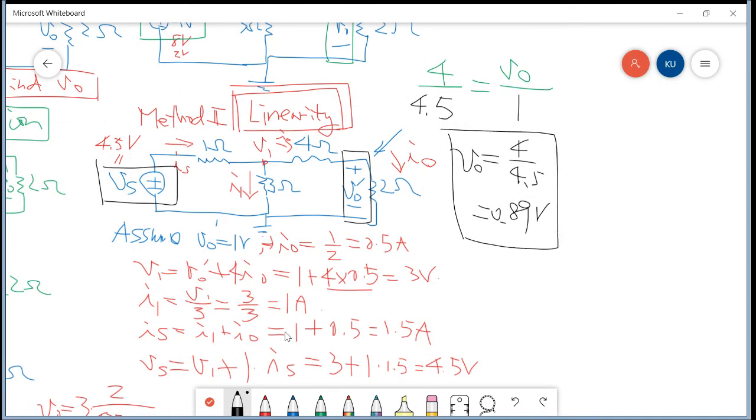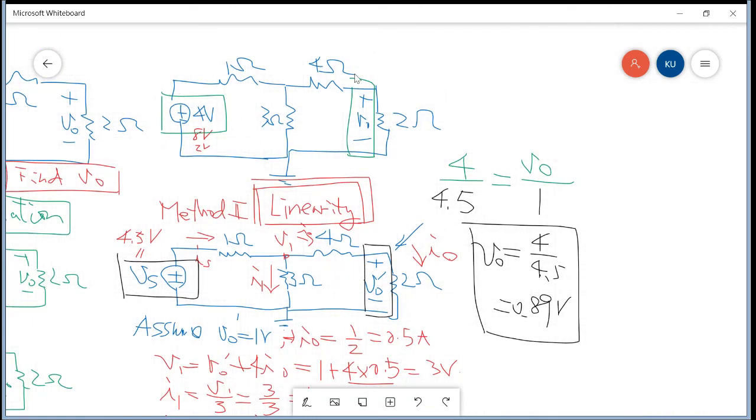So if we use the linear property, sometimes the calculation will be easy. For example, like this topology, something like series parallel, and go for several stages.